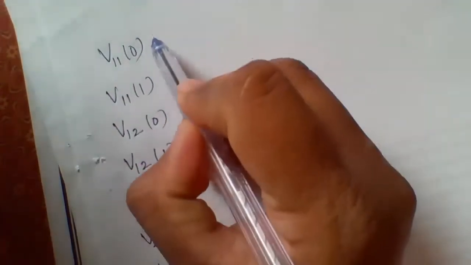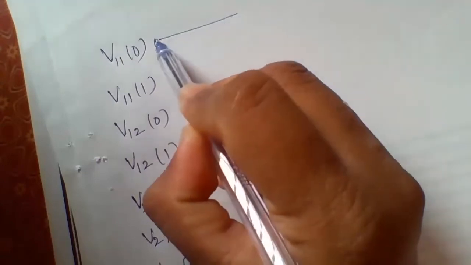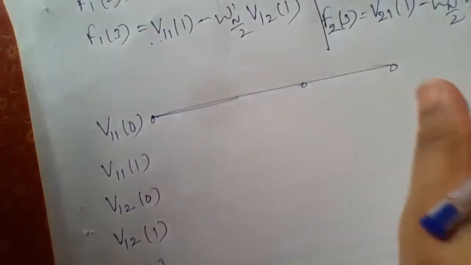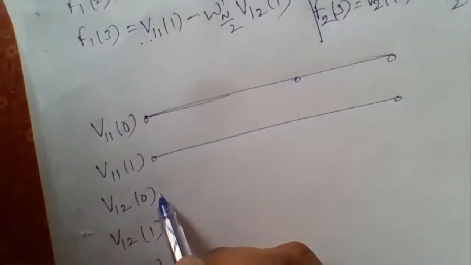So now as it is a signal flow graph, now you show the signal flow. Now I am drawing, so take the individual lines.